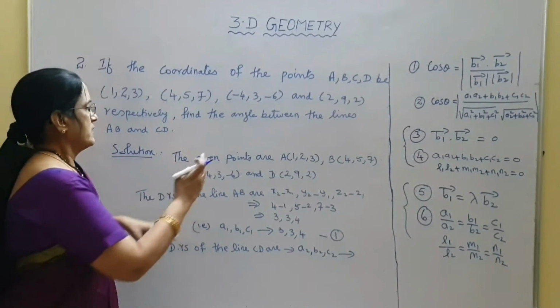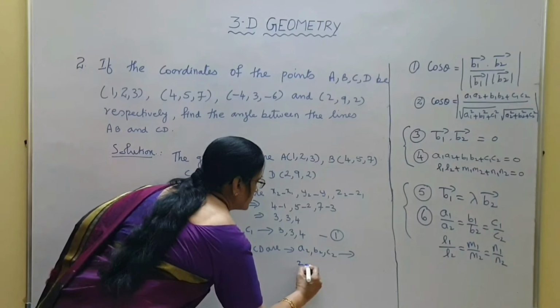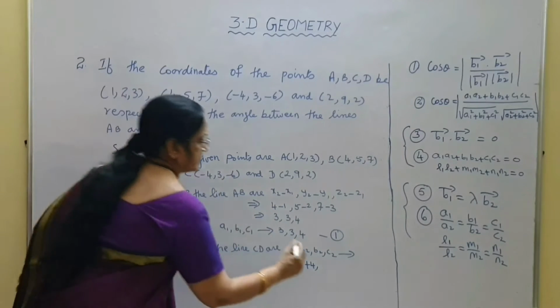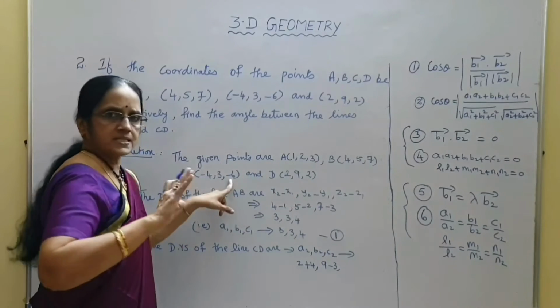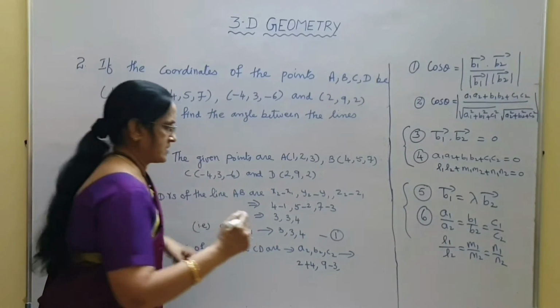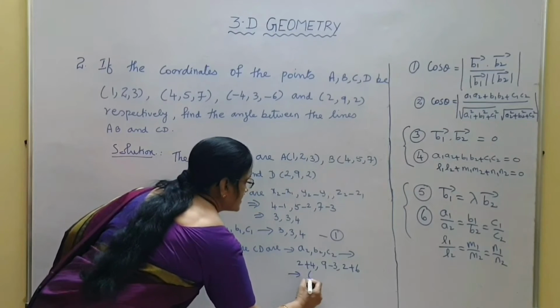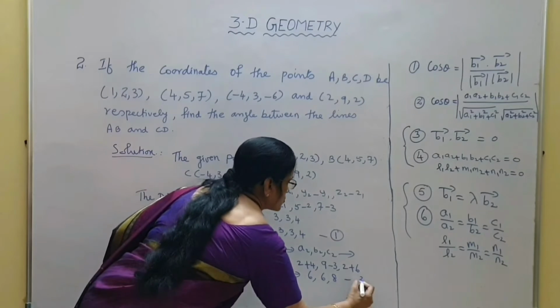You will be getting 2 minus of minus 4. That means 2 plus 4, 6. 9 minus 3, 6. 2 minus of minus 6. So 2 plus 6. Now this is nothing but 6, 6, 8. Name this as 2.